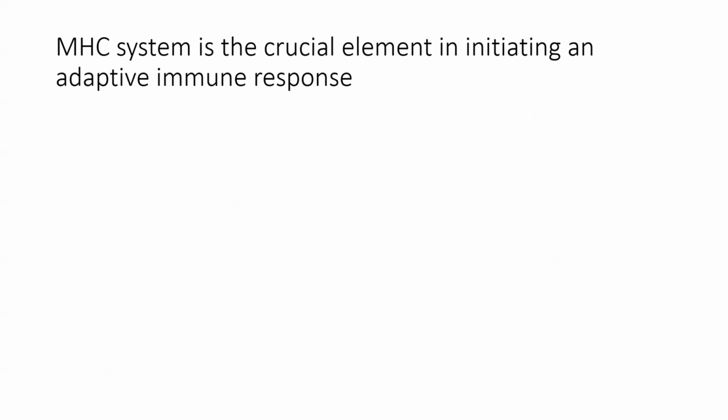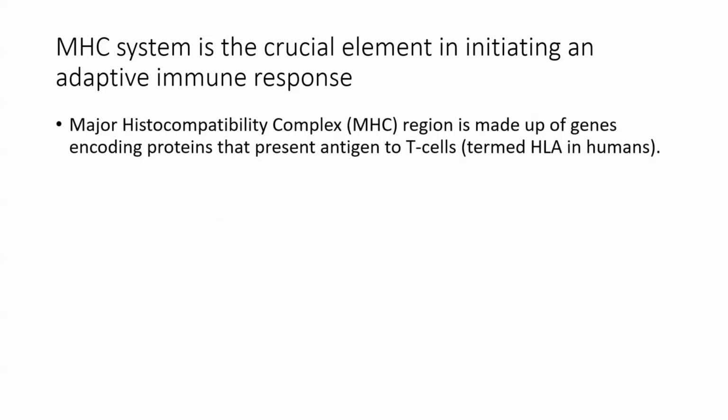The name suggests we found out what it was from trying to do transplants, usually xenotransplants, and recognizing that it went catastrophically wrong, because you recognize non-self so aggressively. It's made of proteins that present antigens to predominantly T cells.